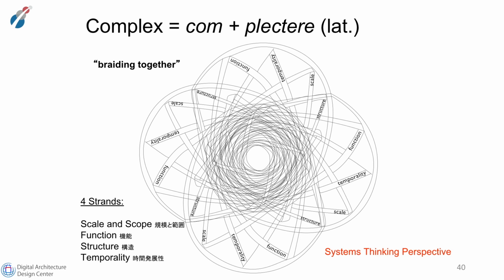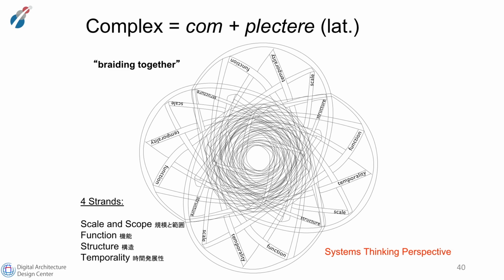So coming back to the lecture in this slide, I told you that complex comes from Latin and means braiding together. And previously I said it was technical and social. Another way to think about it is what we're braiding together are these 4 perspectives that we discussed in systems thinking.